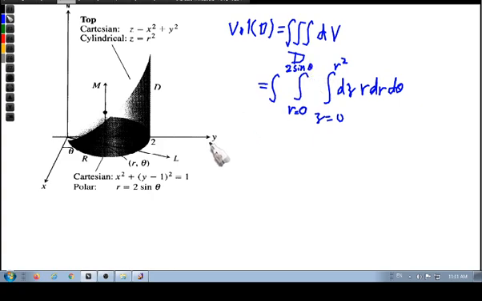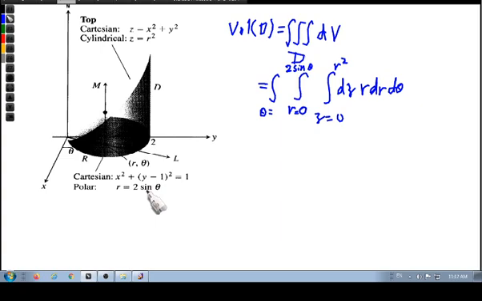And now the theta limits. Theta varies from where to where? This circle is completely described when theta varies from 0 to pi. When theta equals 0, r equals 0, you are at the origin, and when theta equals pi by 2, sin theta equals 1, r equals 2, you are at this point.